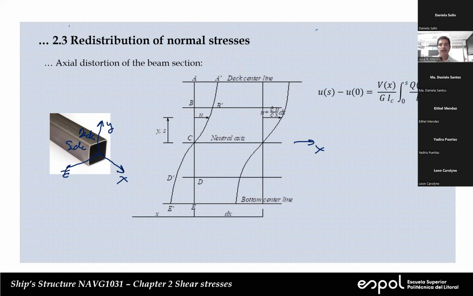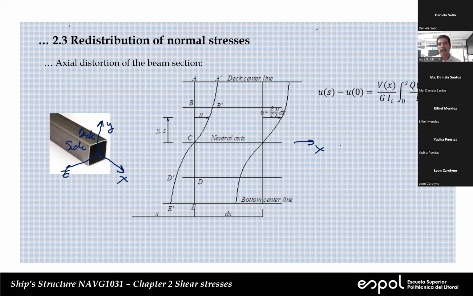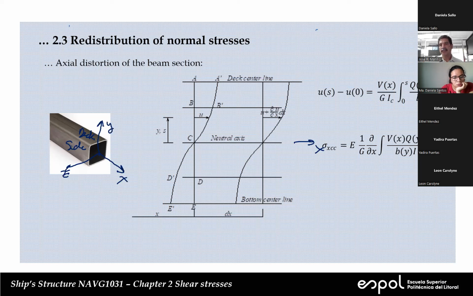Okay, so this is u from the previous slide. And what we are going to do is differentiate this with respect to x. You see that I took the G outside the integral because it is constant.